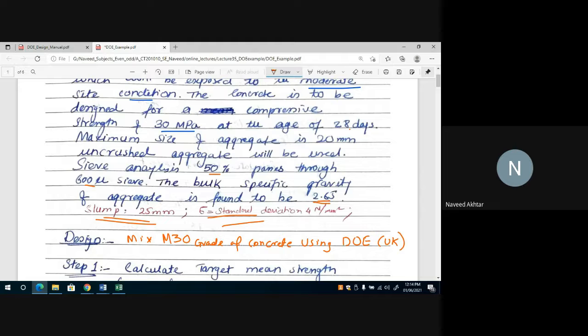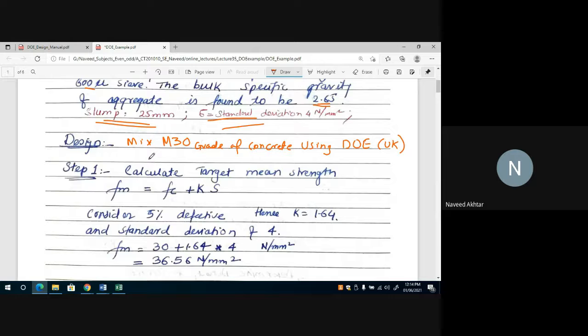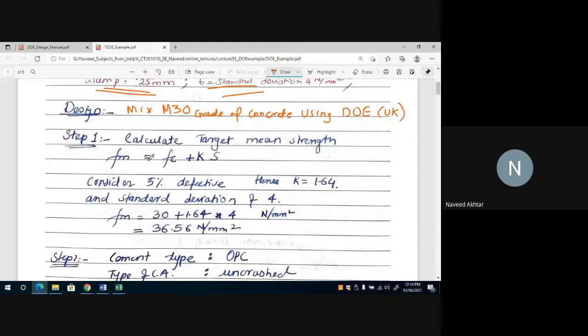Yesterday we already saw the mix design steps for the DOE method and how to calculate each step by step. Now today we will solve the example for the mix proportion of the M30 grade of concrete.